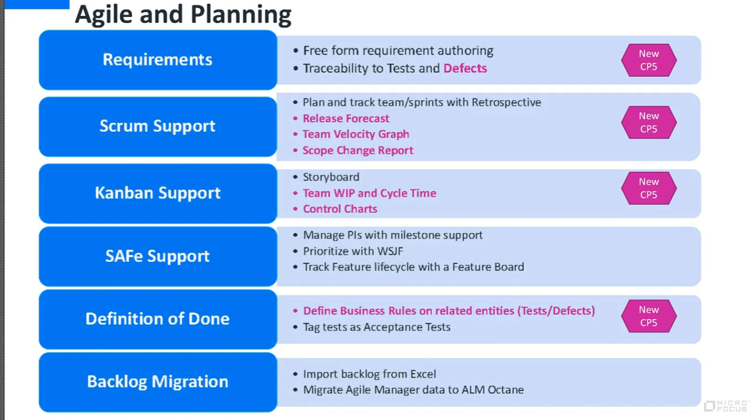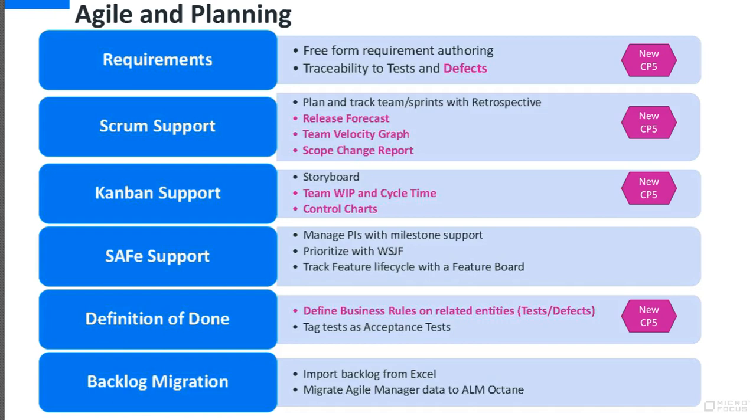You can prioritize items with the weighted shortest job first priorities, and you can track the feature lifecycle within the feature board that we have, again, fully configurable to align with the various stages or phases that your organization is utilizing. In the future, this support will also be enhanced to support what is called the solution layer in SAFe 4.5, for those of you who are familiar with the framework.